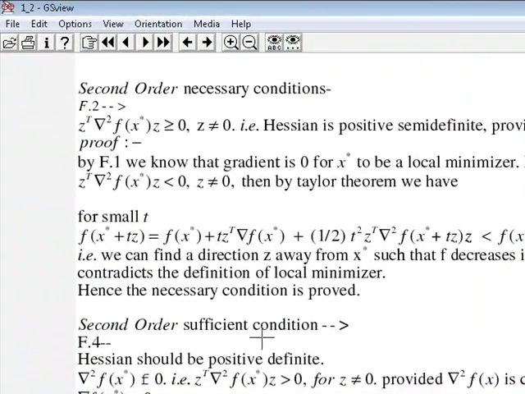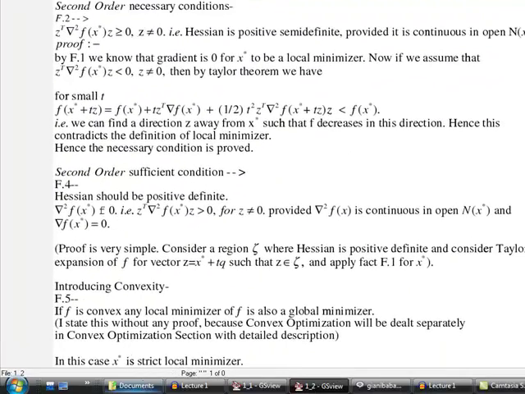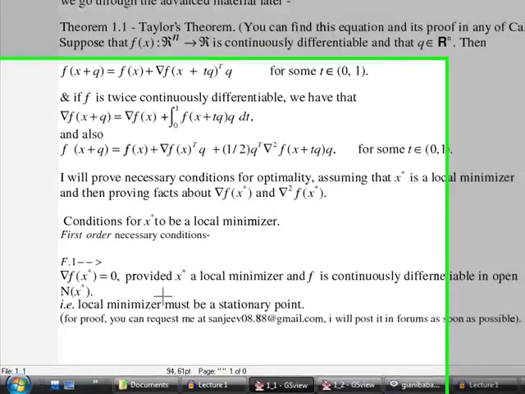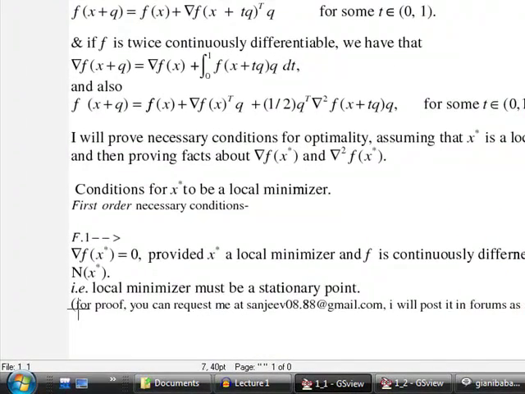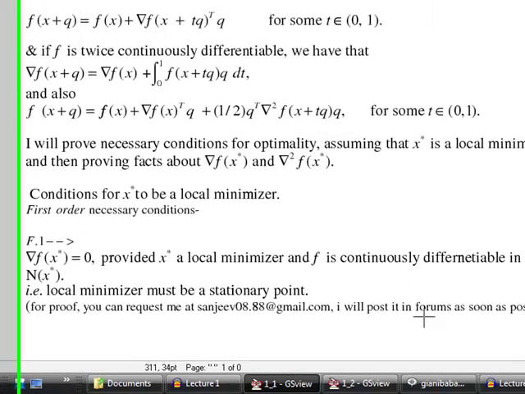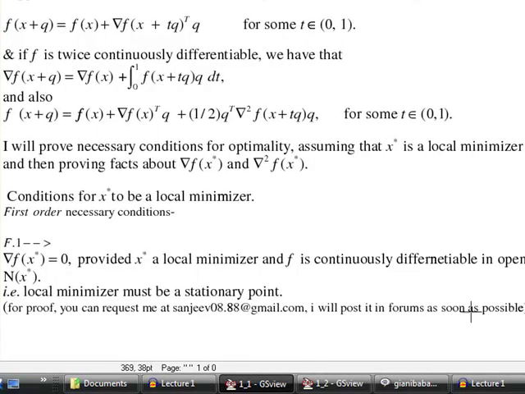You should be able to prove this yourself. Try to prove it, and if you really can't, you can request the proof from me. I will personally email it, or if many people request it, I will post it in the forum section of the website.